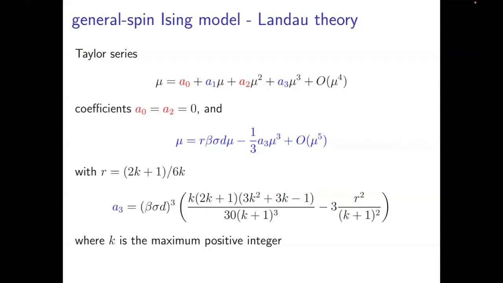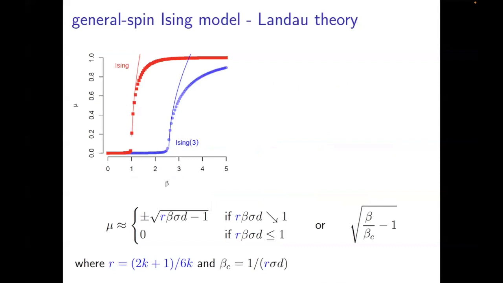So we have this part, and from this we can determine, exactly like you do in the Ising model, the exact points where the magnetization changes from 0 to 1.